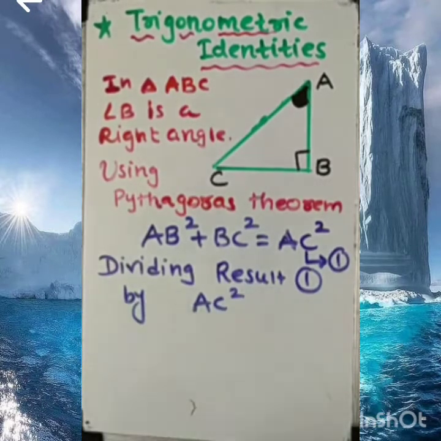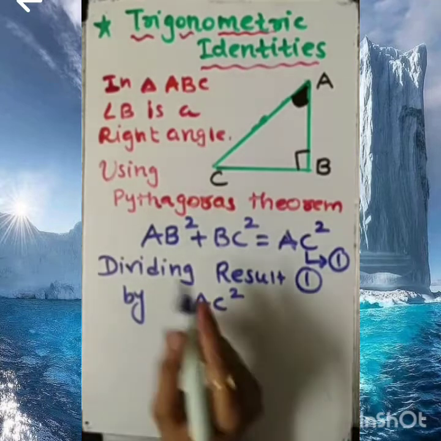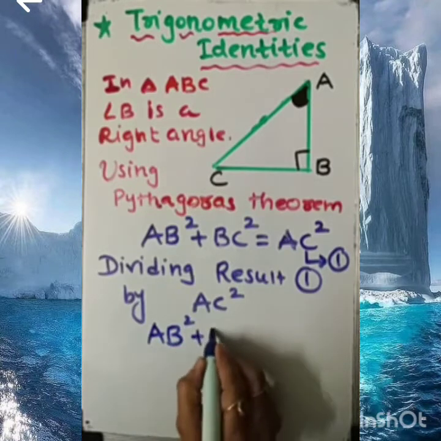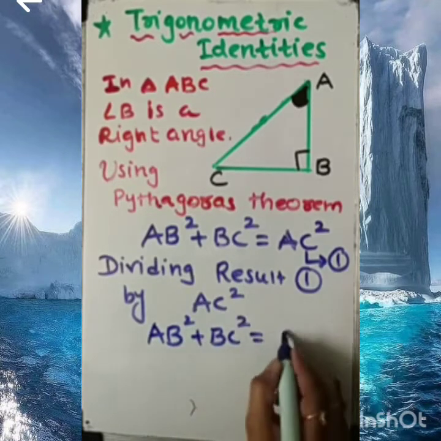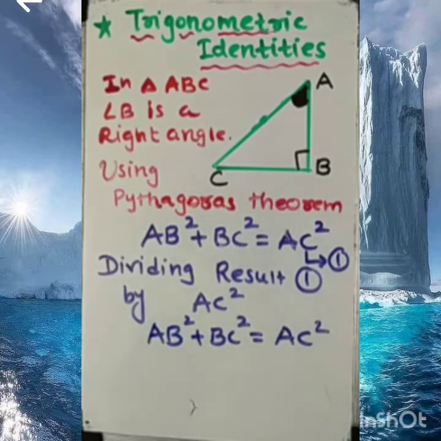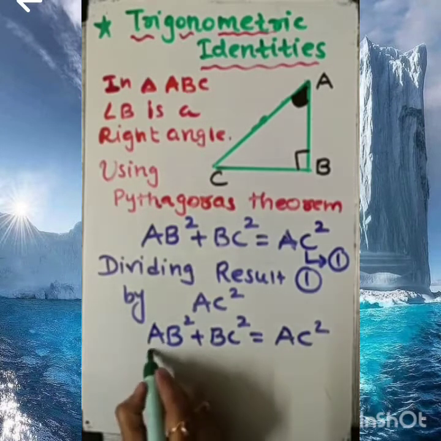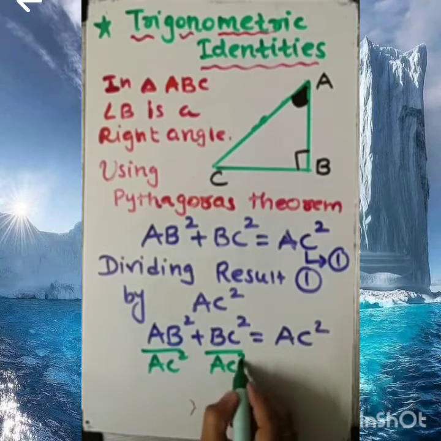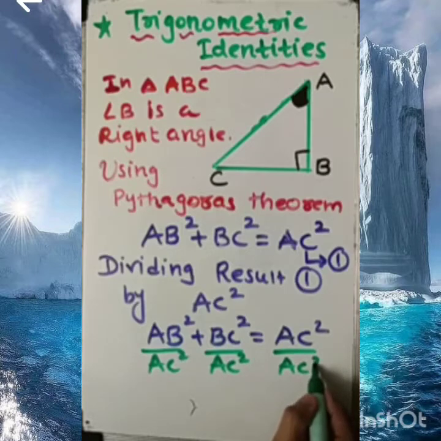So dear student, AB square plus BC square equal to AC square, this is already result number 1 with us. Now I am going to divide all the terms by AC square.